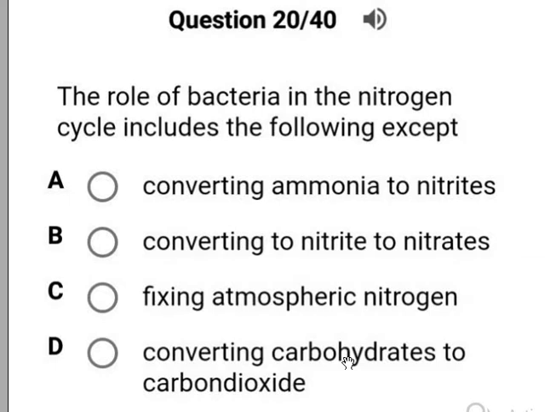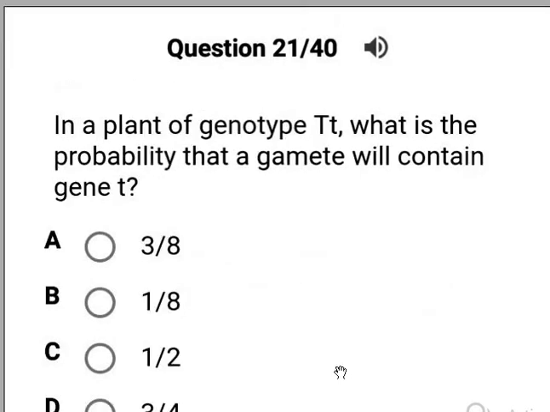So for this reason, I can say option D, converting carbohydrates to carbon dioxide, CO2, is the exception. So the next question is question 21.